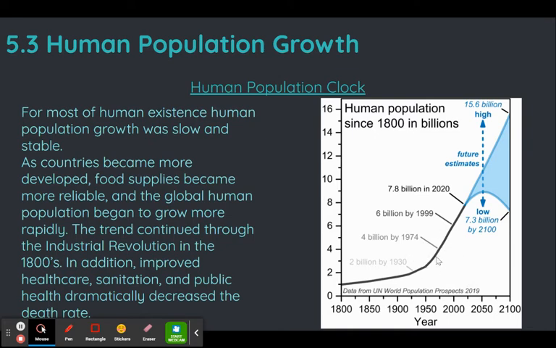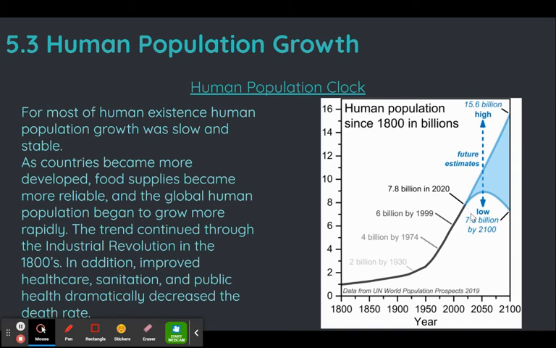Countries became more developed, food supplies became more reliable, and the global human population began to grow more rapidly. This trend continued through the Industrial Revolution. Did I say the 1930s? I'm sorry, I was way off by like 100 years. In addition to improved healthcare, sanitation, and public health, they dramatically decreased the death rate.